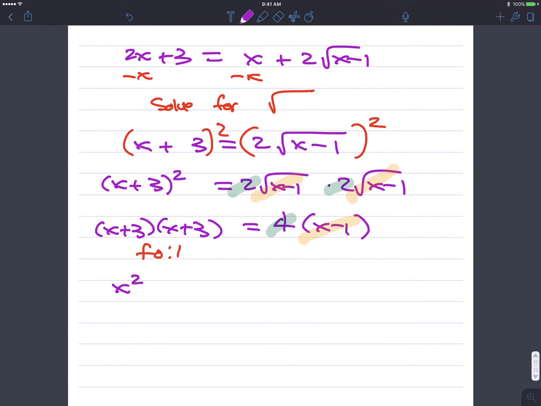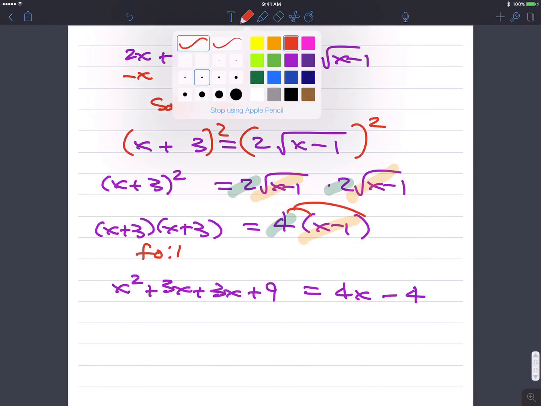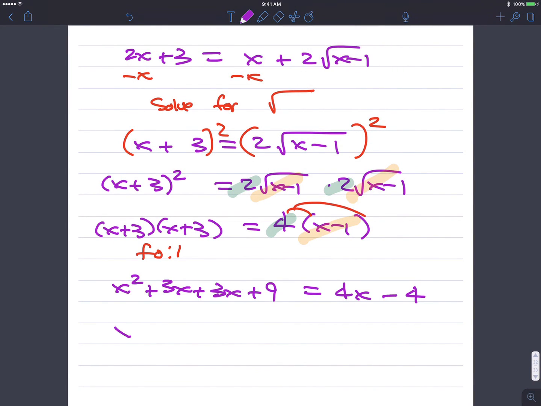And as you can see, we're going to have to use FOIL again. So x squared plus 3x plus 3x plus 9 is 4x minus 4 when I apply my distributive property here. We get x squared plus 6x plus 9 is 4x minus 4.